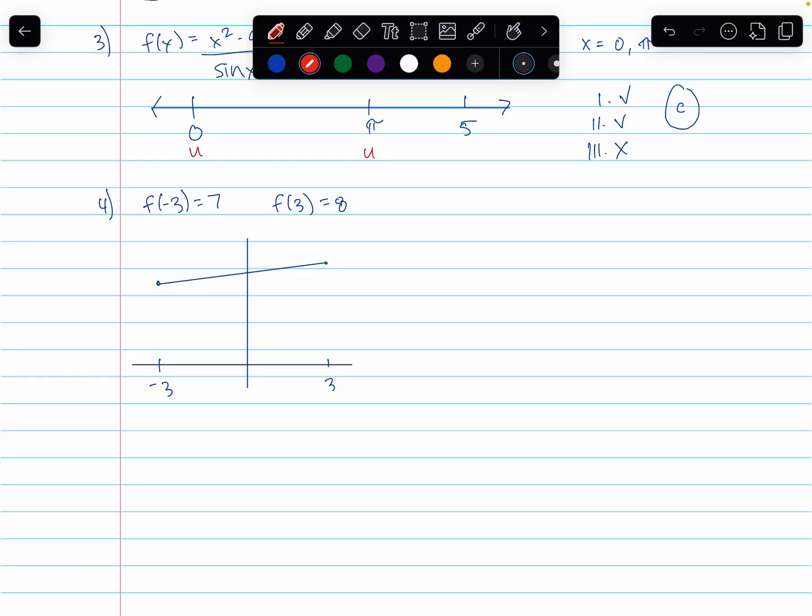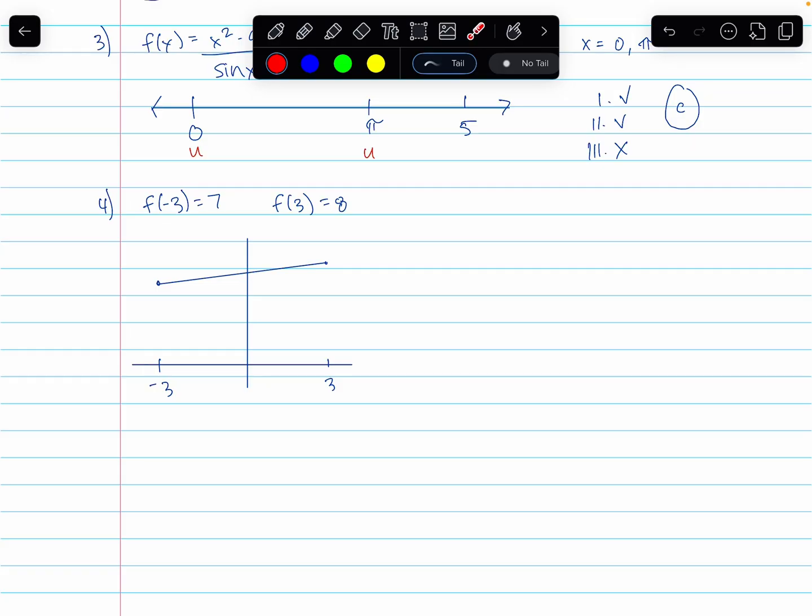What the intermediate value theorem says is that if we are continuous on this interval, then we have to take on every value between 7 and 8. It has nothing to do with the derivative, so it can't be D. The intermediate value theorem has nothing to do with f prime.